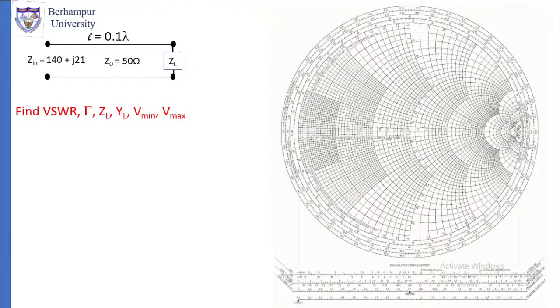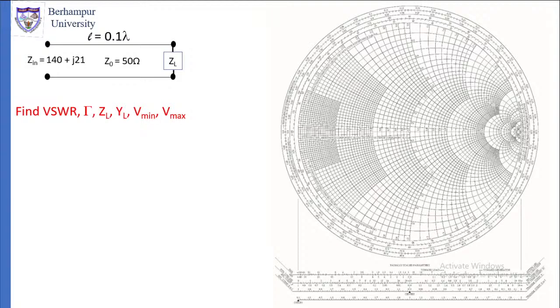Now let me give you one problem here. We have a transmission line which is terminated on a load ZL. We do not know what is ZL. The characteristic impedance of the transmission line is 50 ohm. The source impedance or input impedance for the transmission line is given, which is 140 plus J21 ohms.